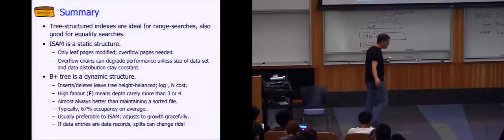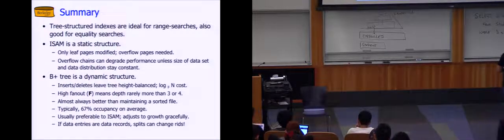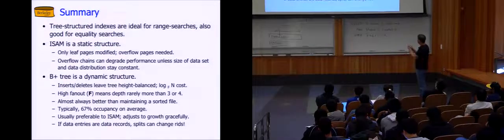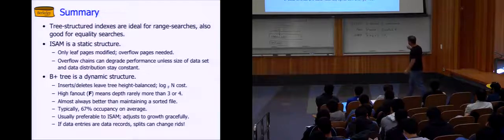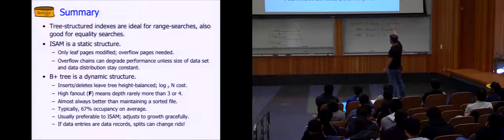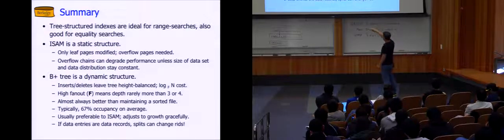On average, things are about 2/3 full in a B+ tree, so you want to account for that when you think about what f really is in practice. Almost always you want a B+ tree instead of ISAM because it's a dynamic structure, so almost nobody uses ISAMs.